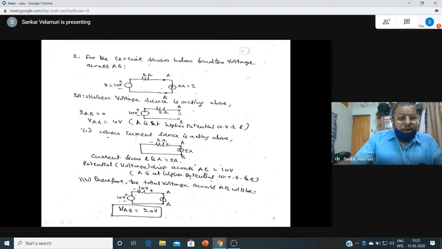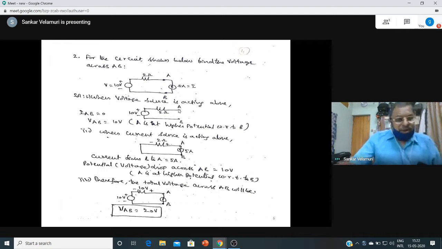What is the difference between voltage, potential difference and EMF? EMF is a generated voltage. The potential difference between B and A is the voltage. Voltage across AB is called the potential difference between AB, and potential difference is the term most often used. The definition of potential you will study in field theory.